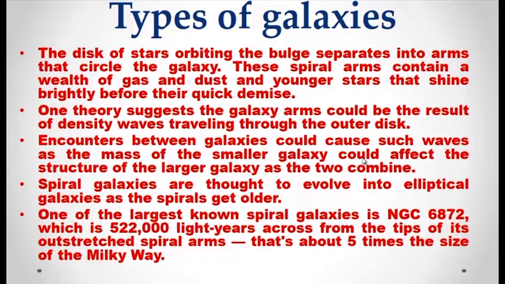So galaxies are formed, and those galaxies are moving apart. In its path, if some other galaxy is encountered, then a collision takes place, two galaxies will combine, and the shape of one galaxy will change into another. Spiral galaxies are thought to evolve into elliptical galaxies as the spirals get older.